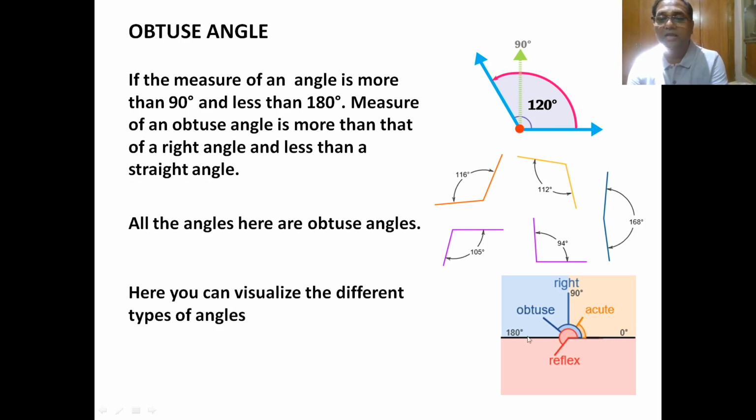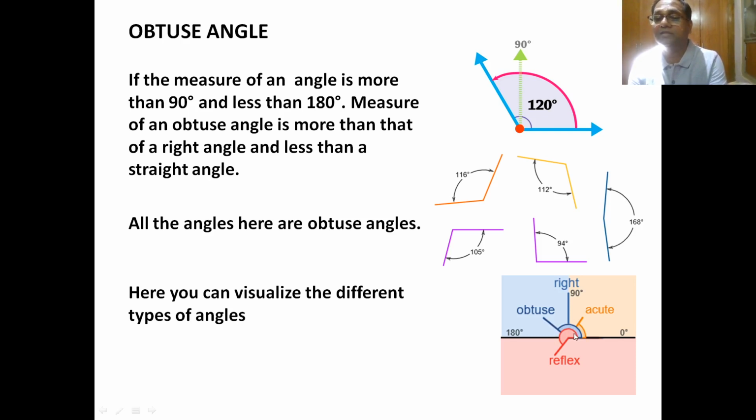We can visualize the different types of angles from this picture here. If the range of the angle is between 0 and 90, then it is called an acute angle. If it becomes 90, then it is called a right angle. If the range of the angle is more than 90 and less than 180 degrees, then it is called an obtuse angle.